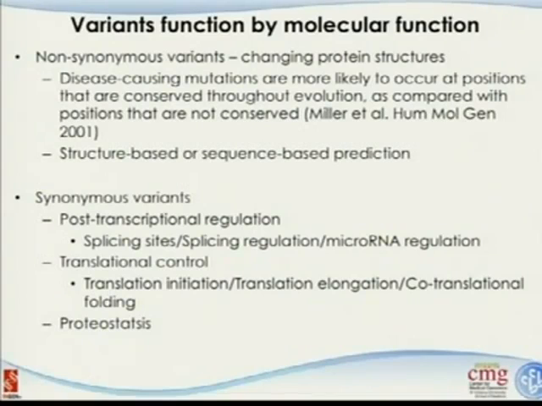And we spent quite a bit of time trying to justify why synonymous variations are also important. I'm not going to reiterate, but it has something related to post-transcriptional regulation and translational regulation and protein stability issues. So variants, especially in the exon sequencing, in the exon regions can be important in the regulation part, not only changing the amino acid sequences.